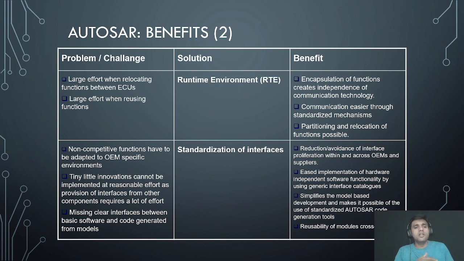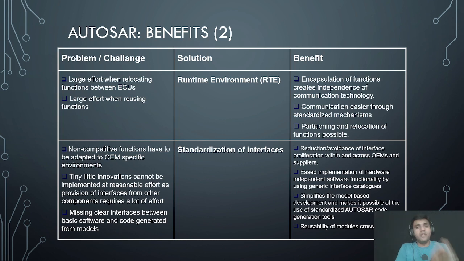Non-competitive functions have to be adapted to an OEM-specific environment. Tiny little innovation, mixing clear interfaces between basic software and code generated from models. All these were a lot of challenges and problems in classical development, because once you rigidly code it and weave it, or probably stitch it, into your ECU environment, it was too difficult to make any further changes.